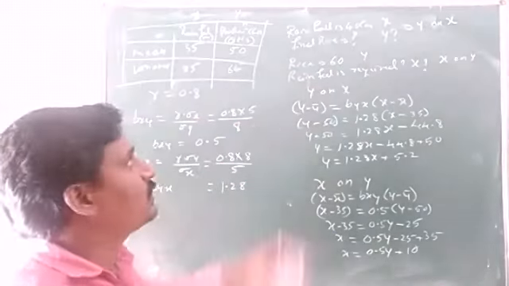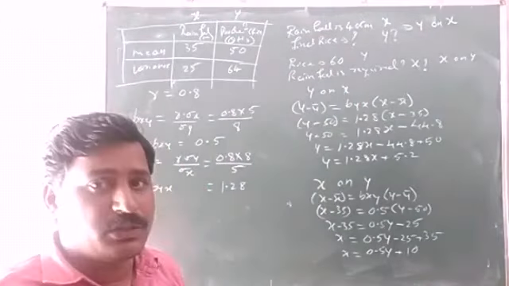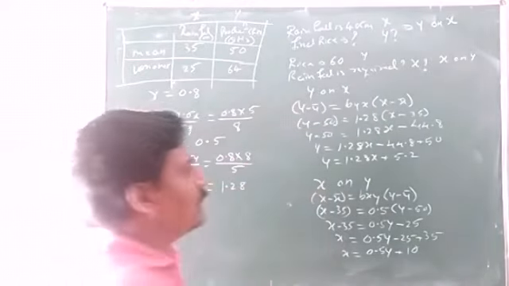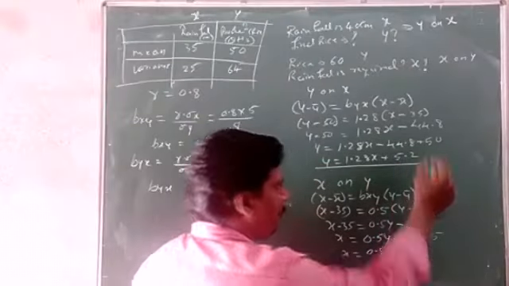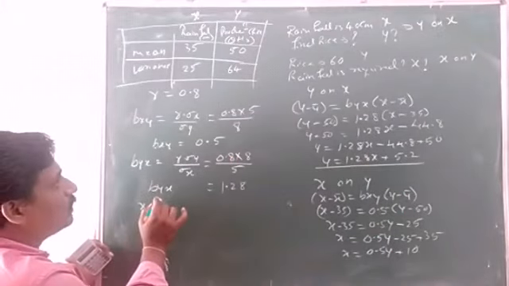So first question here, rainfall is 40 centimeter. Find the production of rice, that is the y on x equation. So the y on x equation is here. Find y when x is equal to 40.